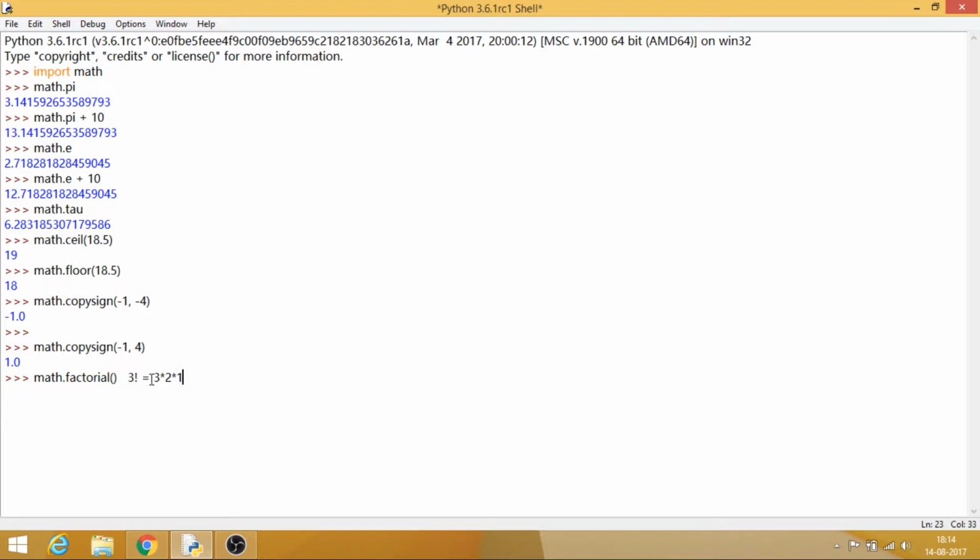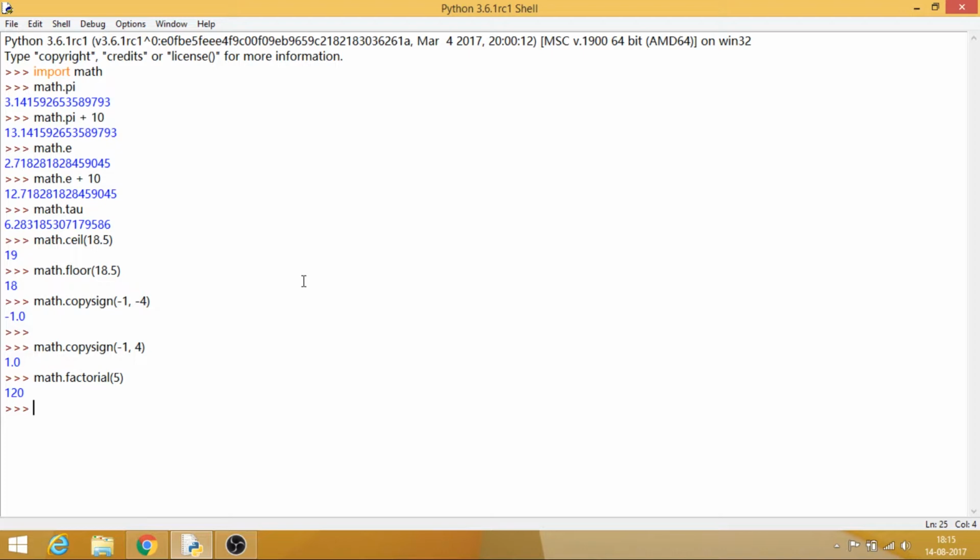It goes down the way, so it can be any number. Like if it is 5 over here, it will say 5 multiplied by 4 multiplied by 3 multiplied by 2 multiplied by 1. So the factorial of 5 is 120. In the same manner we can enter any number over here and we can get the factorial. So let's say the factorial of 5, and it is 120.